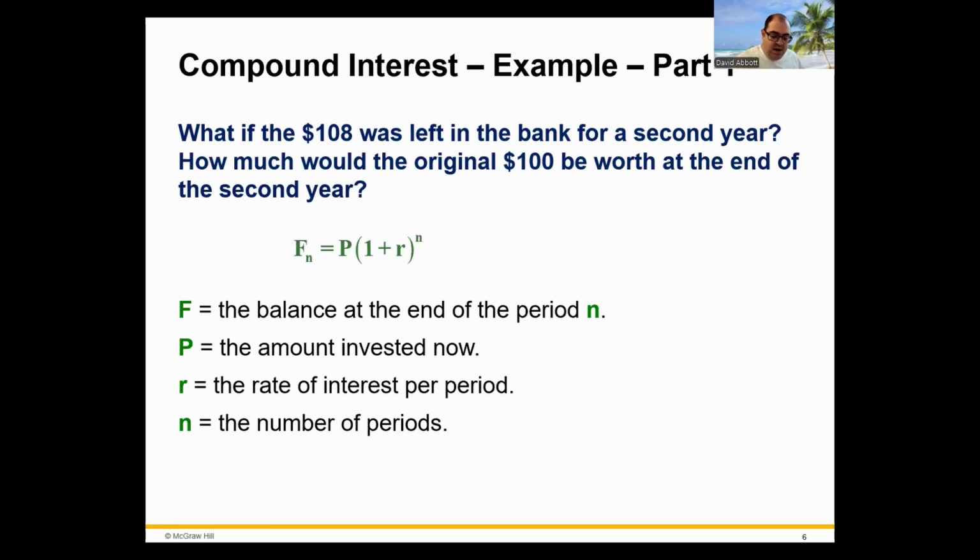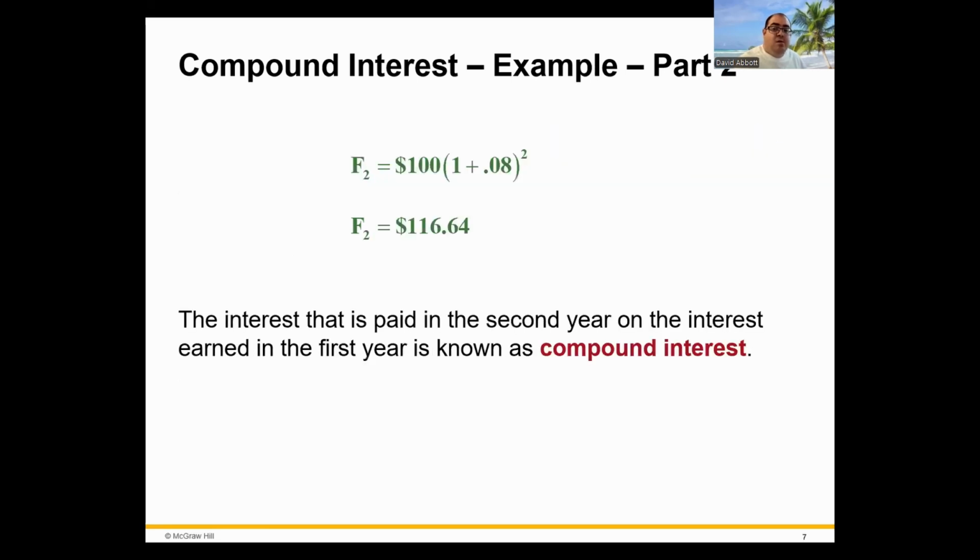The equation needed to answer this question is as shown. Again, F is the balance at the end of however many periods. That's what we're trying to solve for. P is the amount that gets invested now, R is the rate of interest per period, and N is the number of periods.